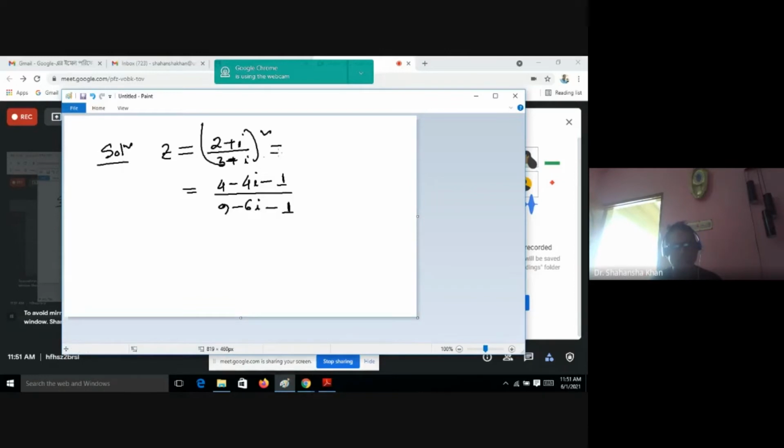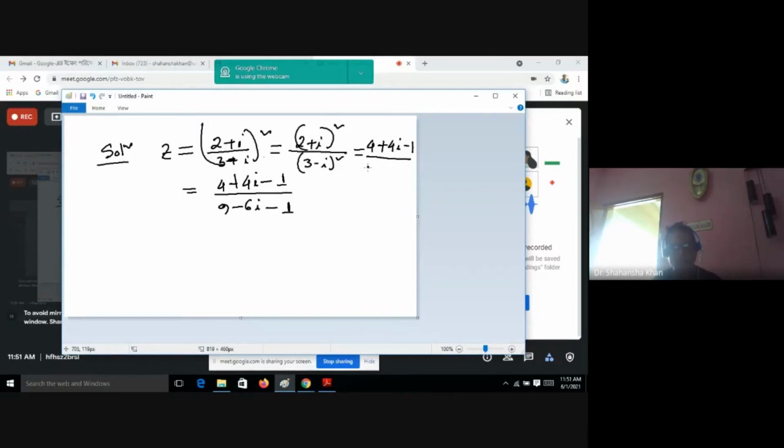We write (2 plus i) whole squared and (3 minus i) whole squared. That means a squared, 4, plus 2ab, 4i, minus i squared, which is minus 1, so 3 plus 4i.